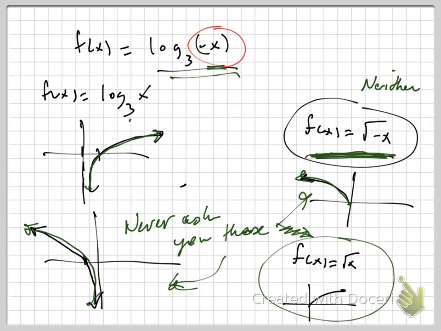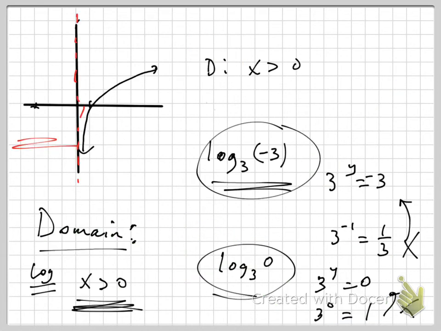Now there's something else about this I want to mention to you, though, before I quit, and that is the domain of a logarithmic function is positive numbers. So can I take the log of a negative 3? So this is what I'm asking. 3 to what power gives me a negative 3? And some people will raise their hand in class and say, so Ash, it's 3 to the negative 1.